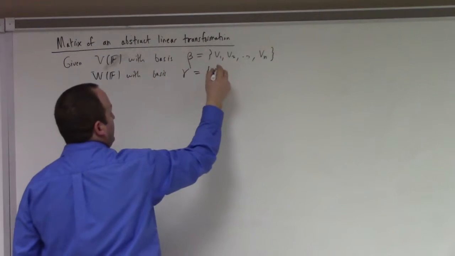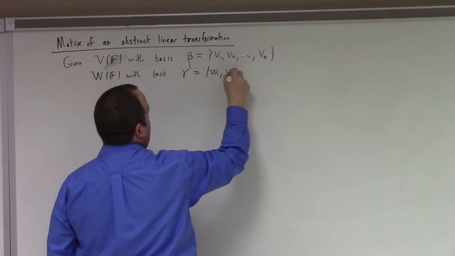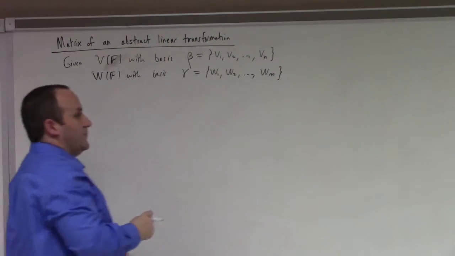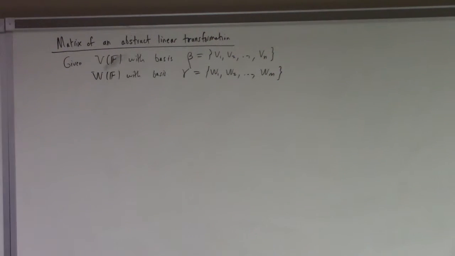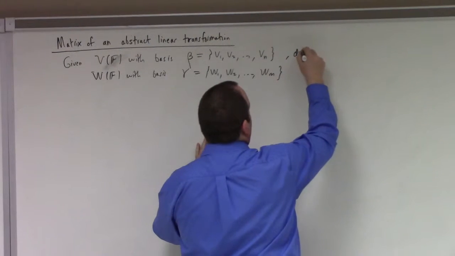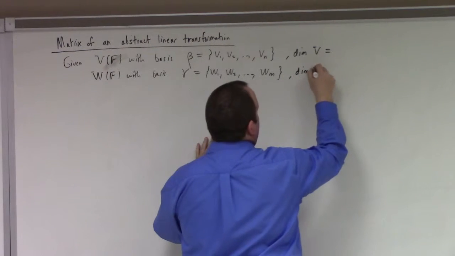And let's say that gamma is W1, W2, through Wm. So we've got two vector spaces, one with basis beta, the other with basis gamma, and these are finite dimensional vector spaces. What's the dimension of V? What's the dimension of W? Can you guys tell me?